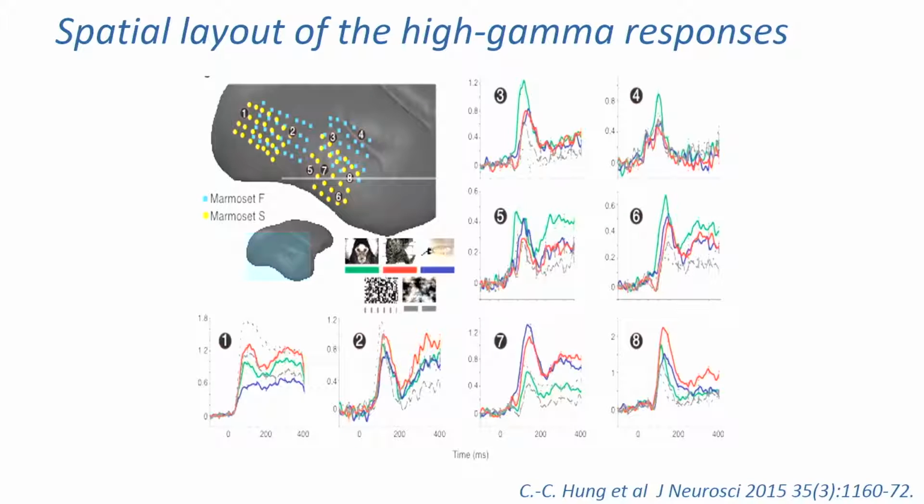So then you can do a map of each of these ECOG electrode sites. And here we have in yellow and blue data from two different animals, Marmoset F and Marmoset S. And then you can look at some sites, for example, site 1, which has somewhat of a preference for body parts versus faces versus objects, while if you go to site 6 or site 8, you have higher preference for faces.